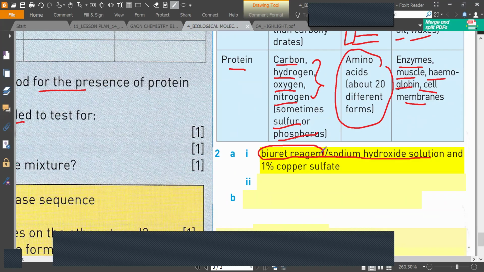We need the biuret reagent for the protein. What is biuret reagent? It is sodium hydroxide plus 1% copper sulfate solution. So this is biuret reagent for protein. For reducing sugar, it is Benedict's solution.